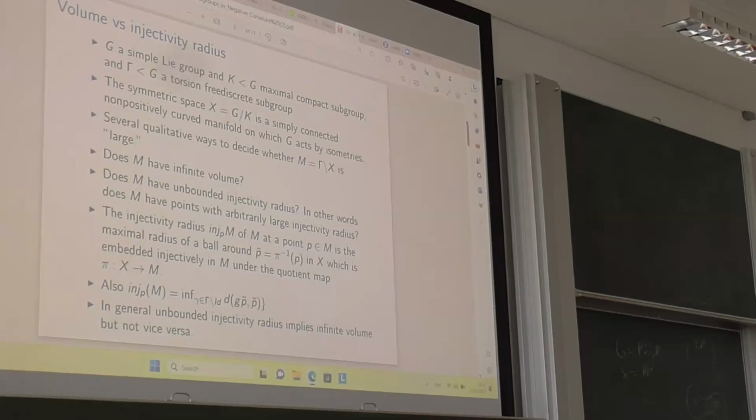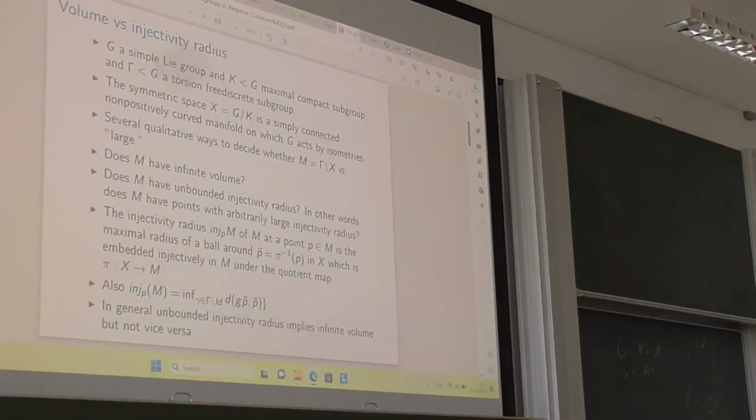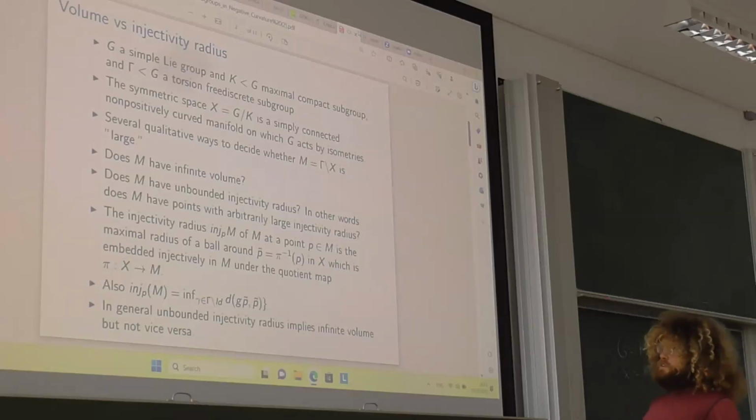Okay, so if you have a locally symmetric space quotient with unbounded injectivity radius, then certainly you have infinite volume, because you can embed really big balls. The converse is not true.